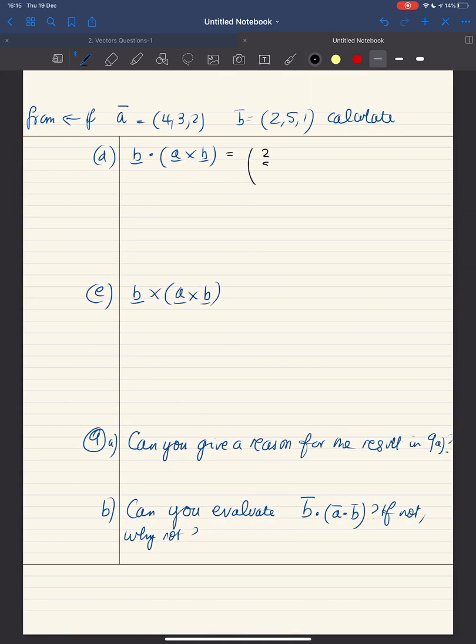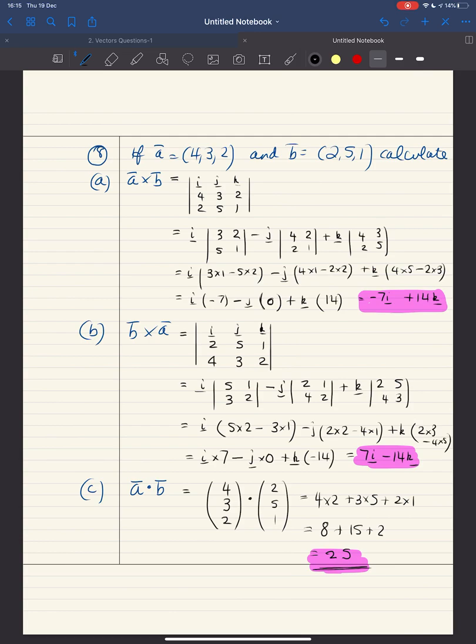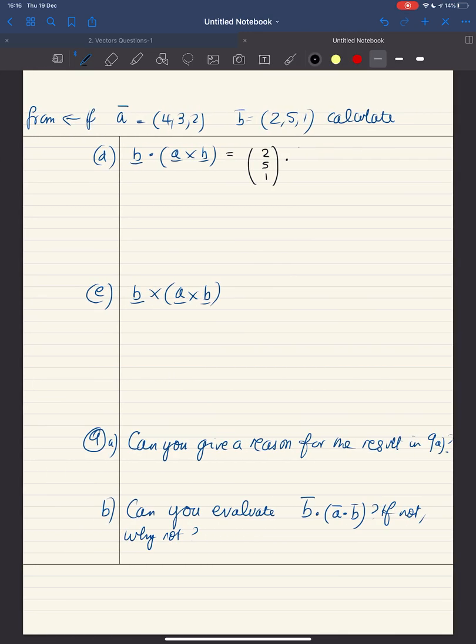B is 2, 5, 1. A cross B is minus 7, 0, 14. So that's no j's, 14k's. Which is 2 times minus 7 plus 5 times nothing plus 1 times 14. It's minus 14 plus 14, which is nought.